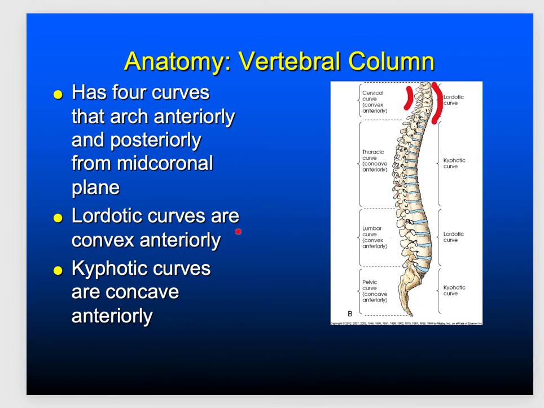So when you're talking about lordotic, it's the convex towards the anterior side. So this is anterior and this is posterior. So your lordotic curvature is the convex towards the anterior side. Okay, so lordotic, anterior side.